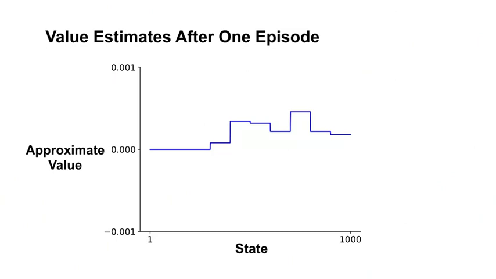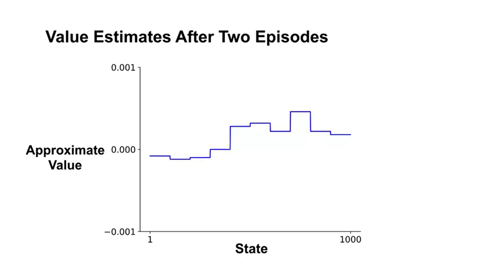After all the updates have been made, our value estimates might look something like this. This plot shows the estimates after a single episode. We plotted the learned values for each state from 1 to 1,000. The state space is not continuous, but it makes sense to plot the approximate value as a line. Notice that the value estimates for each group are non-negative. This is because the return for the first episode was positive, and our initial estimates were 0.